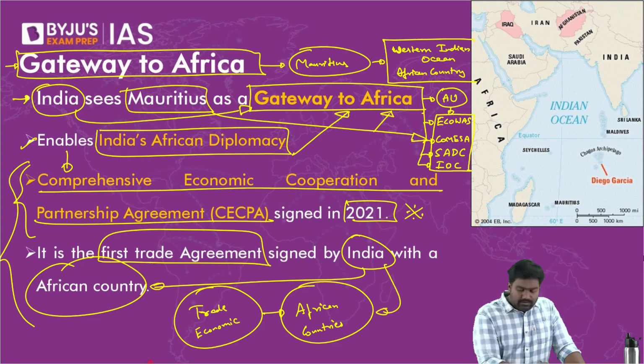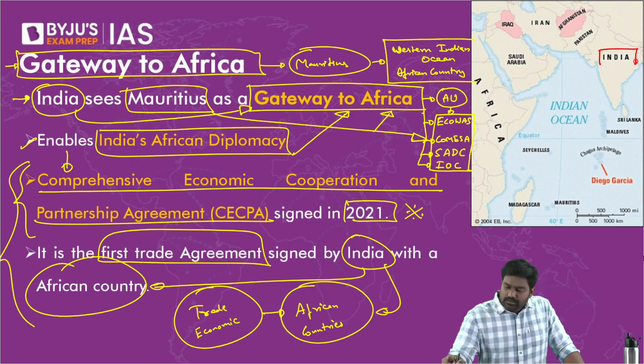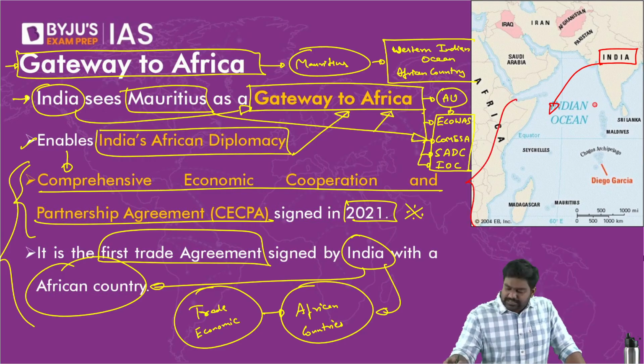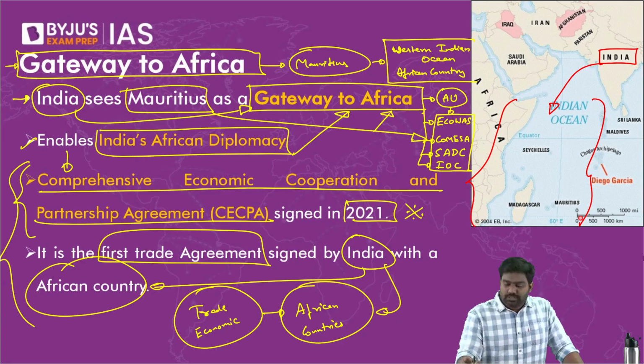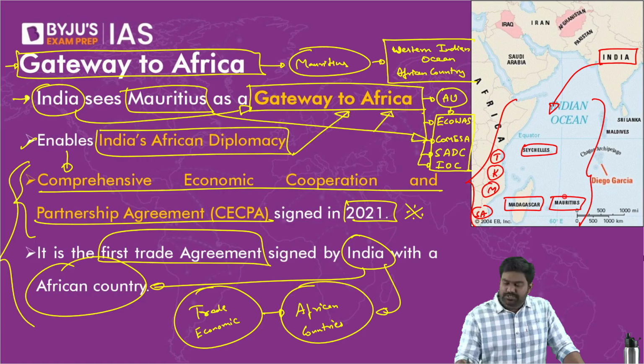All right. So India is heavily focused on Eastern Africa and the western part of the Indian Ocean. It's a priority for us. All these countries here, Tanzania, Kenya, Mozambique, South Africa, Madagascar, Seychelles, Mauritius, right? In a way, Maldives as well, and other small island countries present here.